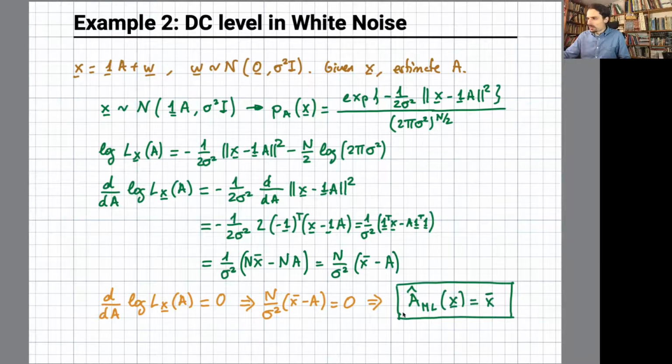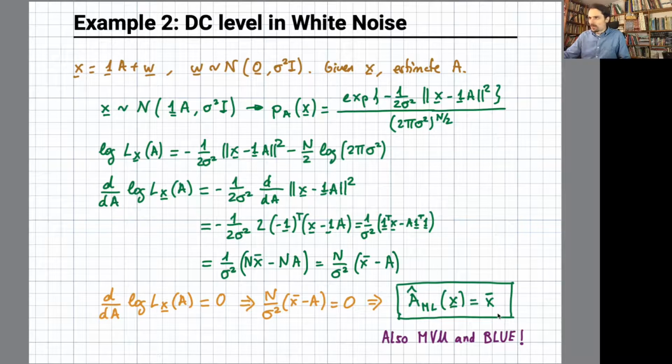And therefore we recover an estimator that we have already seen in previous lectures. In particular, we saw that this estimator, the sample mean, is the MVU estimator for this problem. It's actually efficient, and it is also the BLUE estimator.